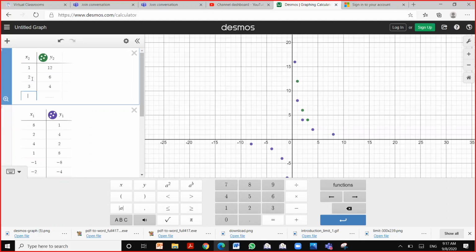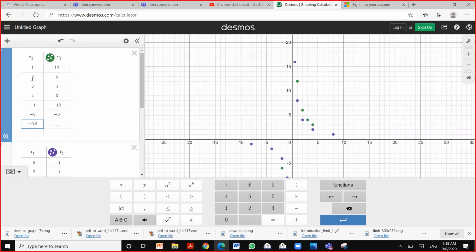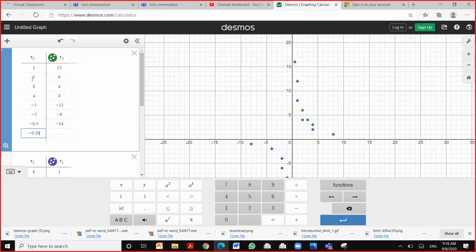If x is 4, y is 3. If x is negative 1, it is negative 12. If x is negative 2, it will be negative 6. Negative 0.5, it will be negative 24. What also? Negative 0.25, 12 times 4 for negative 48. 0.25, it will be also 48.